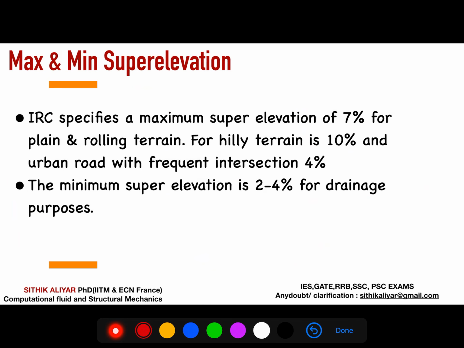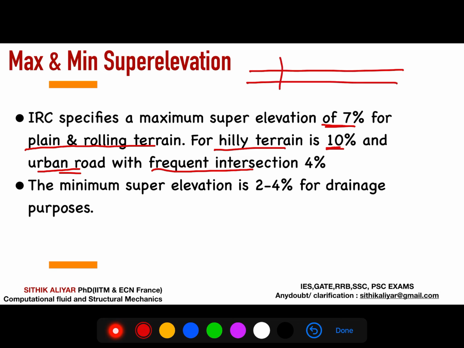Okay, and as I was discussing earlier, for plain and rolling terrain, IRC has suggested you can use a maximum of only 7%, and for hilly terrain you can go up to 10%. For urban roads with a lot of frequent intersections, consider there are so many intersections coming in the road, then you cannot have a different super elevation.